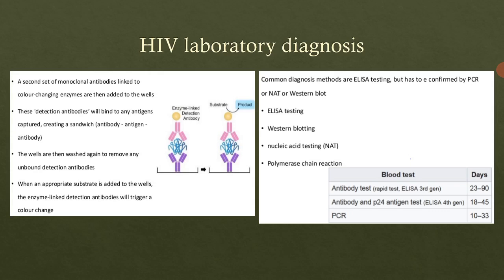Then a second set of monoclonal antibodies, called the secondary antibodies, which are linked with color changing enzymes, are mixed and added to our antigen antibody complex. Now these detection antibodies will bind to any captured antigen, right? The antibody will bind to the antigen only.